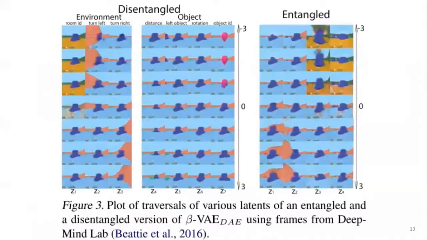So if you look at this particular case, this is an example where disentanglement has been used, and a large number of images were presented. After disentanglement, it learned 7 latent features.